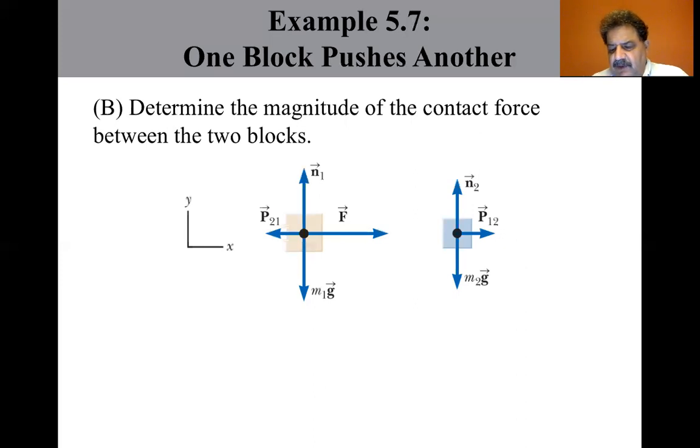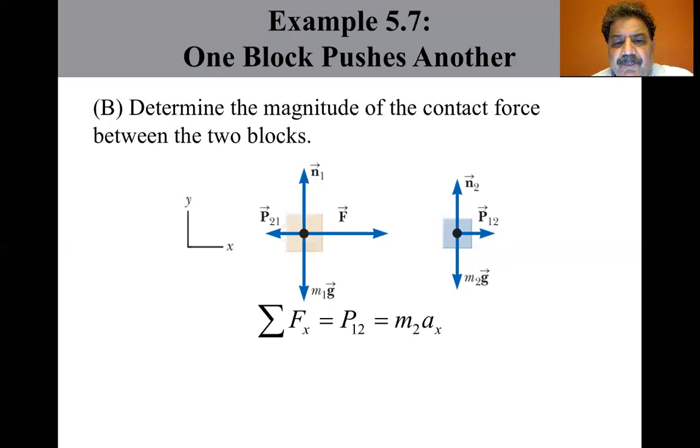The contact force is denoted by P. From the diagram on the right, we see that the only horizontal force acting on M2 is the contact force P12, the force exerted by M1 on M2, which is directed to the right. We apply Newton's second law to M2.